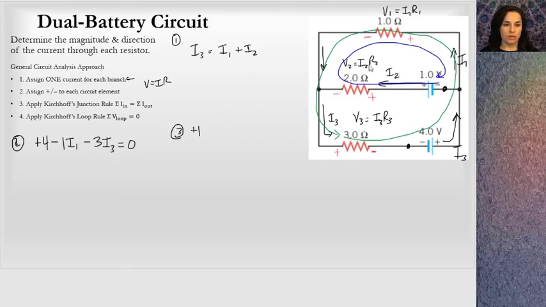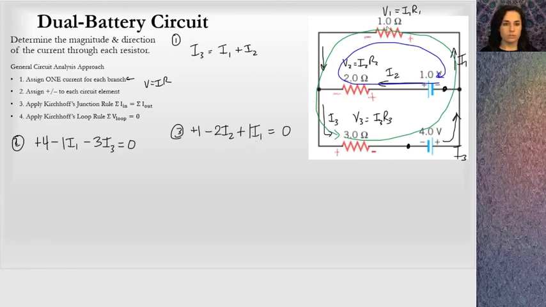I'm going to put I2 R2 in there, so I'm going to put minus 2 I2. When I go up the top, notice I'm going in the opposite direction of the loop than the current in this branch. So I'm going to get a rise over this resistor. The rise is going to be R1 I1, so I'm going to put plus 1 I1. And set all of that equal to 0. I'm back to the end of my loop.